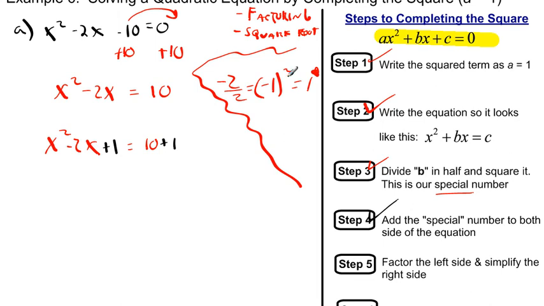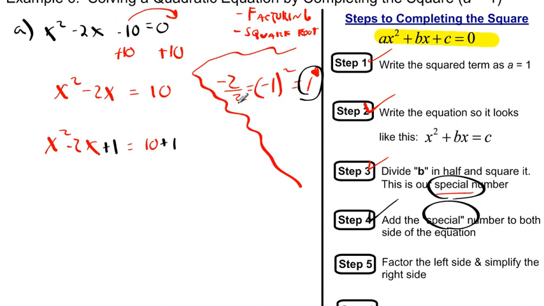I'm going to stop right now. I'm not going to do 5 yet, but what was so special about this number? Notice I said I was going to explain what completing the square means. This special number is not always 1, but in this case 1 is special because, watch this. This is so cool.